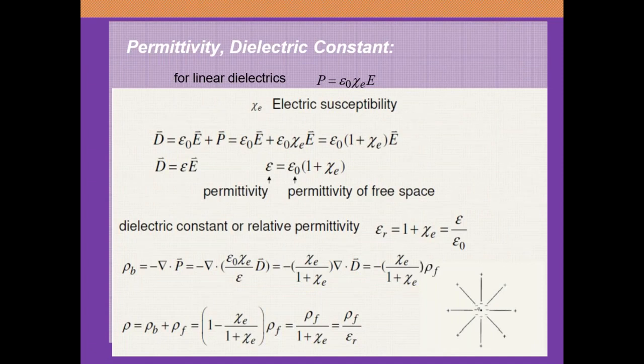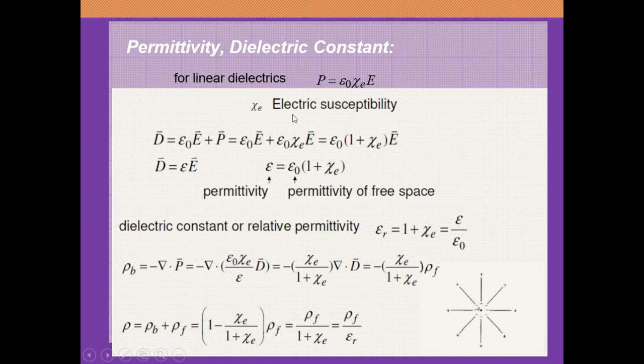For linear dielectrics, we have it as this, where chi e is the electric susceptibility. When we go further, we have the permittivity, which is the permittivity of free space, epsilon 0, times 1 plus chi e.